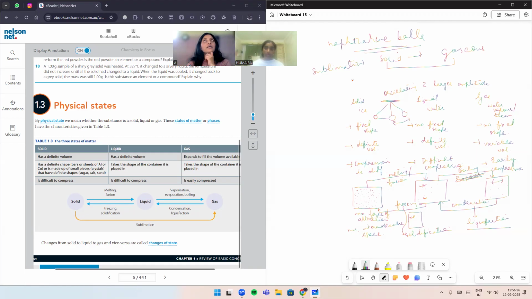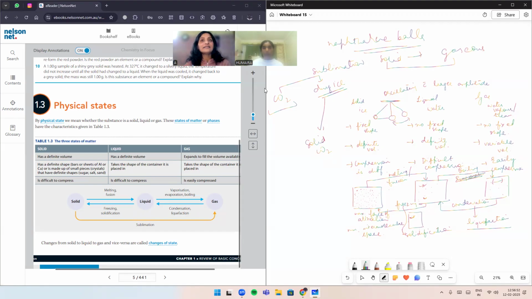For example, carbon dioxide. When it is converted into solid, it is called dry ice. Things are kept cool, but without getting wet. So dry ice is basically solid CO2.